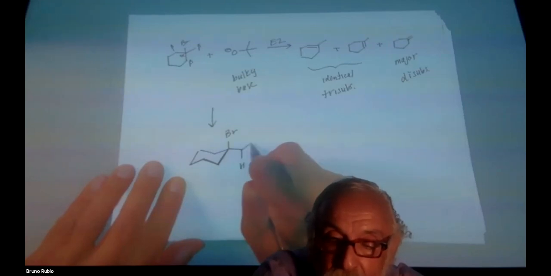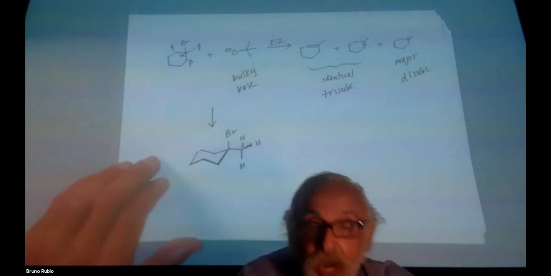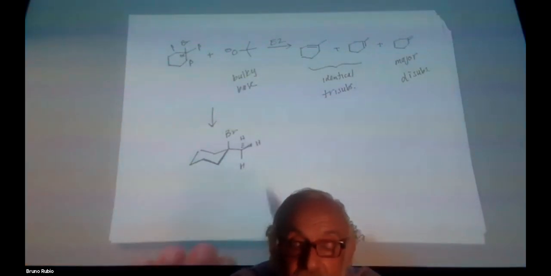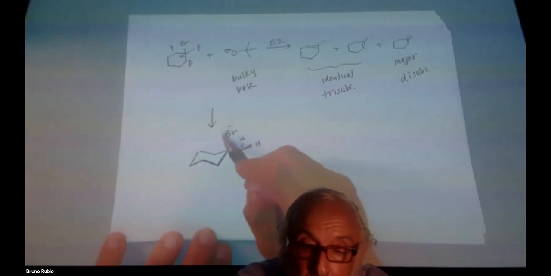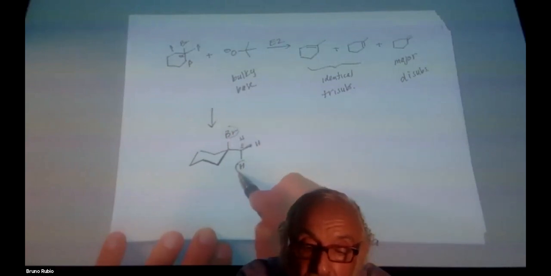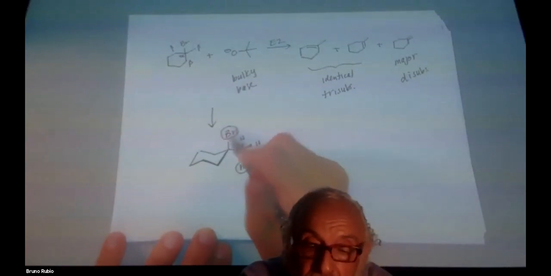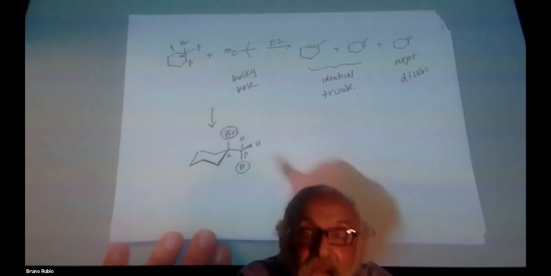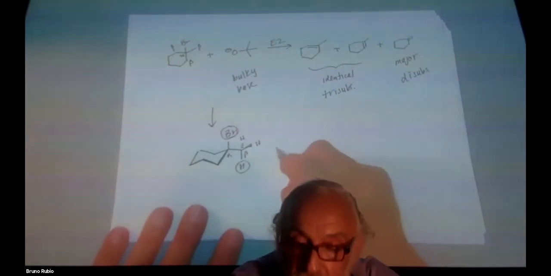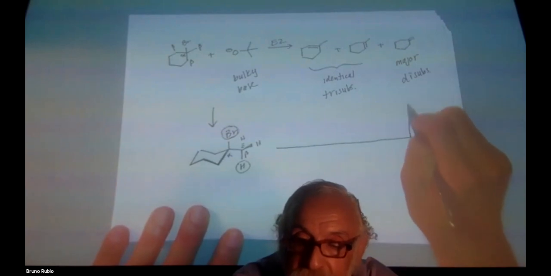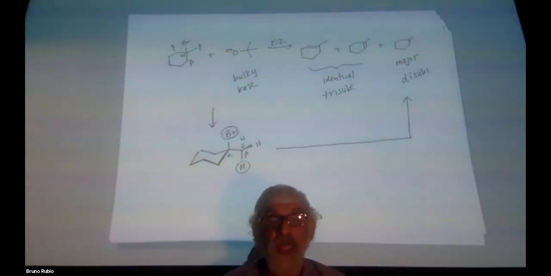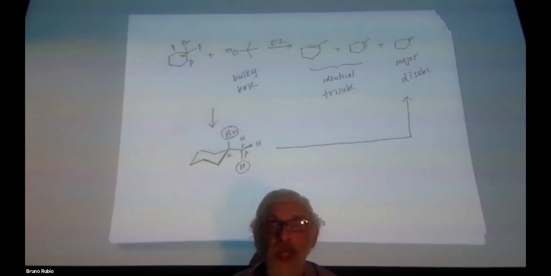And I see here in this chair conformation that, yep, the leaving group Br and the beta proton can be anti to each other. And so that is the transition state that is going to lead to the formation of this double bond on the exterior, on the outside of this molecule. Okay.